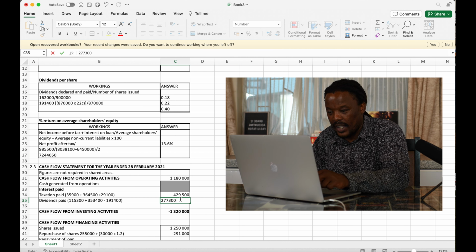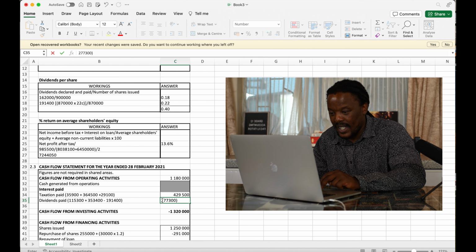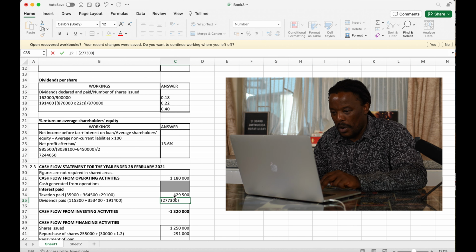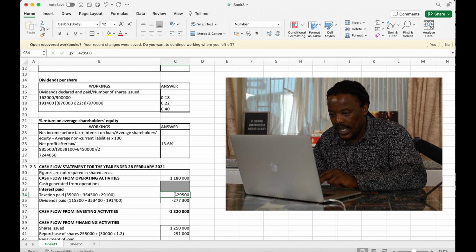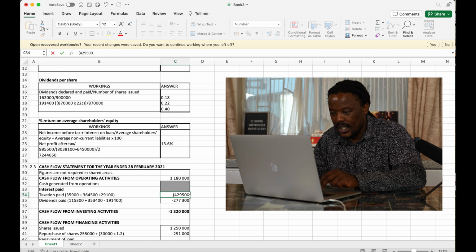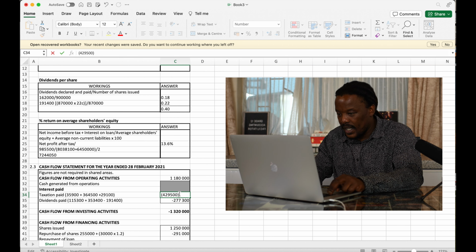And don't forget that these are minuses. You must put them in brackets. And then basically that's how you do it.